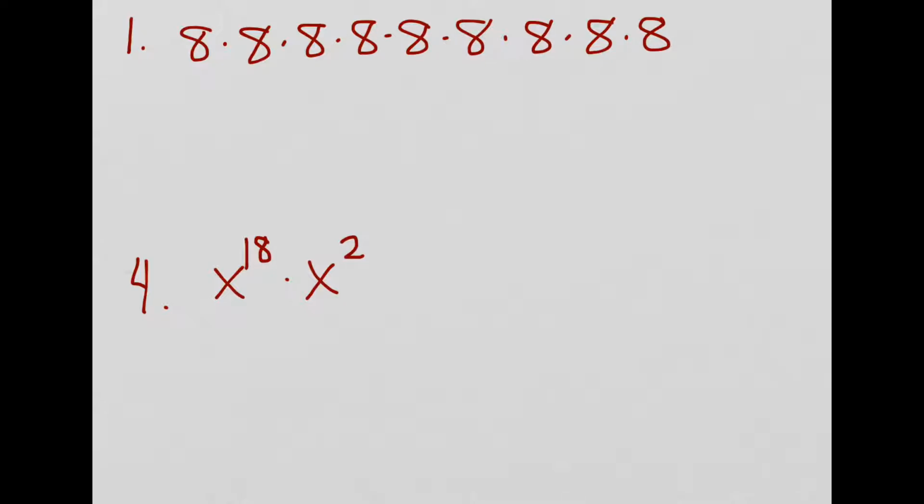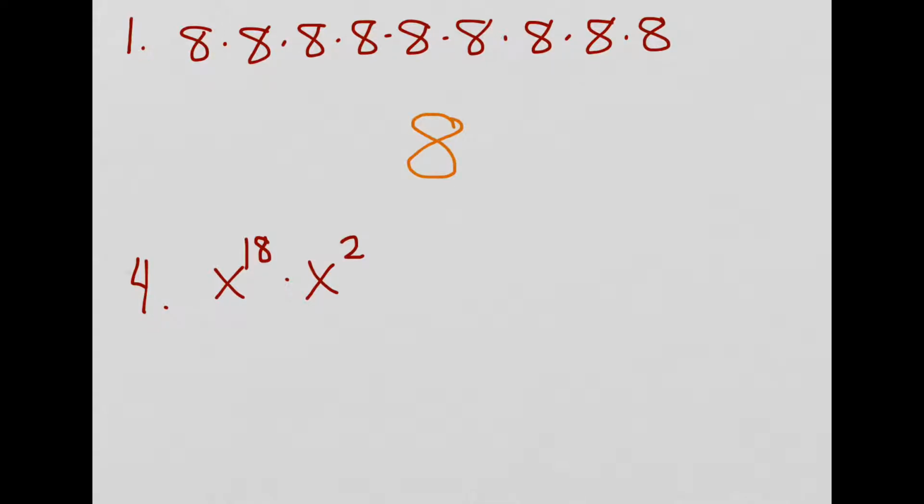We got sick and tired of multiplying by the same thing over and over and over again. 8 times 8 times 8 times 8 times 8 times 8 times 8. That is awful. So mathematicians invented a shortcut for multiplying by the same thing over and over again, and that is exponents. So the number that we're multiplying by over and over again, that's 8.